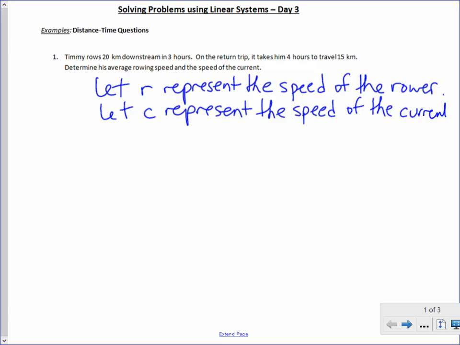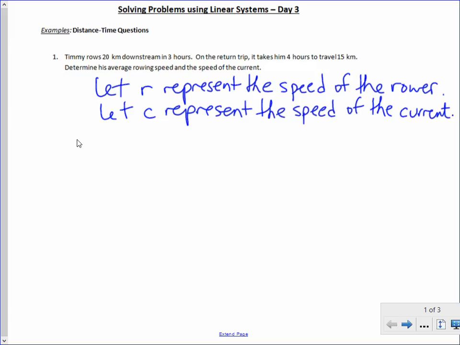Have all of you had an experience where you've been in a boat, a canoe, and you've had to paddle? Have you noticed that it's usually easy to go one way and harder to come back? And that's what the current means, right?